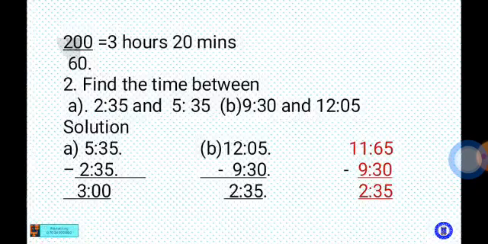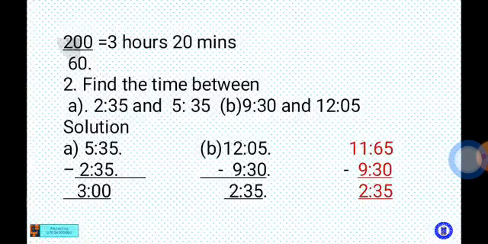Now part B says 12:05 minus 9:30. Now when we say 5 minutes minus 30 minutes, it is not possible. Now we go to the 12 to borrow 1 hour. If we borrow 1 hour, we come to the minutes side, it changes to 60 minutes. And remember, we have 5 minutes already there. So 60 plus 5 gives us what? 65. Now look at the right hand side and see the red writeup, where I analyzed it very well.